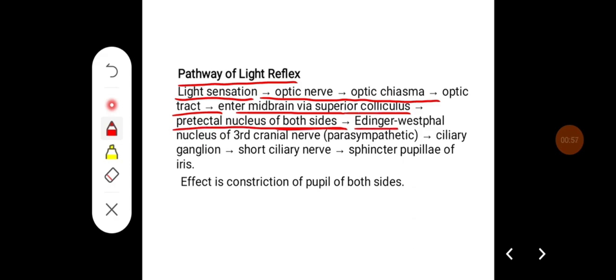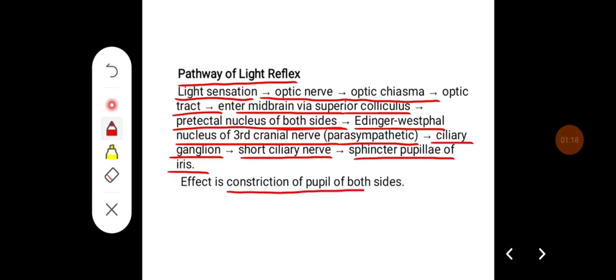Then they go to the Edinger-Westphal nucleus of the third cranial nerve, which is a parasympathetic nerve. Then they go to the ciliary ganglion. From there, they form the short ciliary nerves and innervate the sphincter pupillae of the iris, which causes the constriction of the pupil. And the effect will be the constriction of the pupil of both sides.